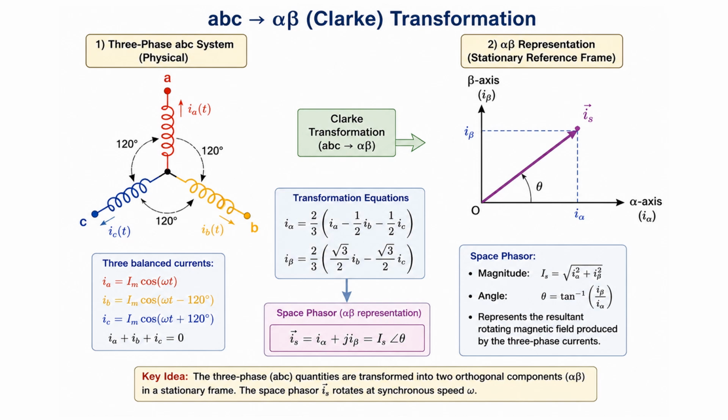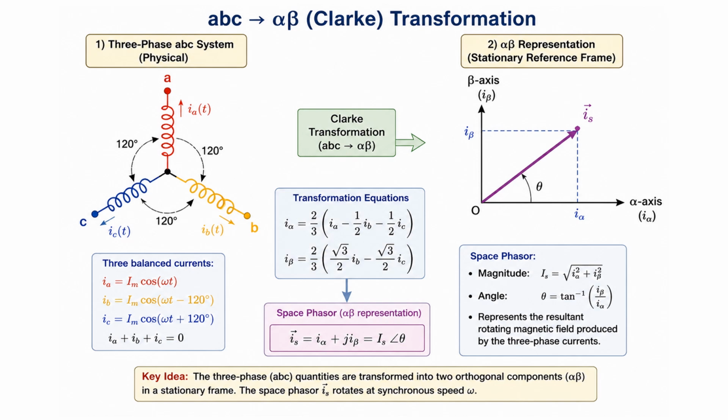I alpha can be written as 2/3, this constant we discussed earlier, into IA minus half IB minus half IC, and I beta can be written as 2/3 of root 3 by 2 times IB minus root 3 by 2 times IC. How we get these values, we have already discussed in that C matrix.